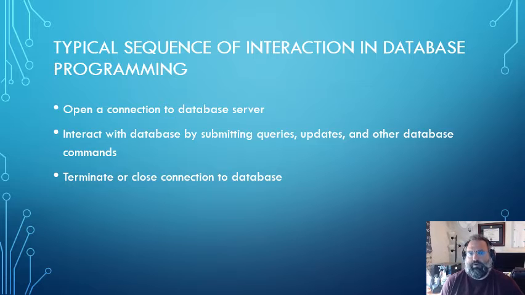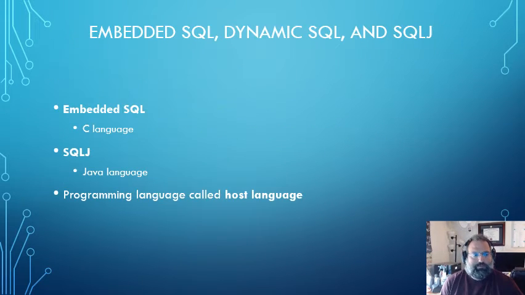Sometimes you have what's called a connection pool, where you keep open a set of connections that are used by multiple processes, especially in the case of a web server, where you don't want to have to pay the cost of reestablishing and closing that connection every time. So sometimes you'll keep a connection open for a certain amount of time and have multiple processes utilizing it, not just a single process.